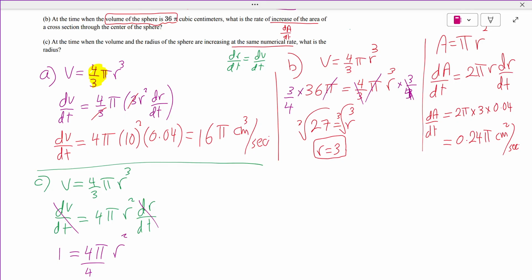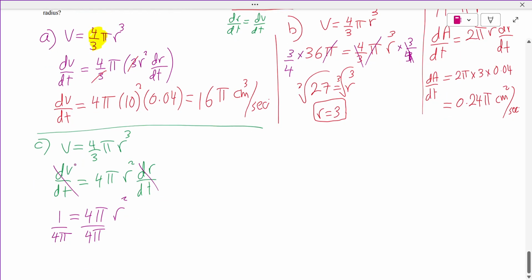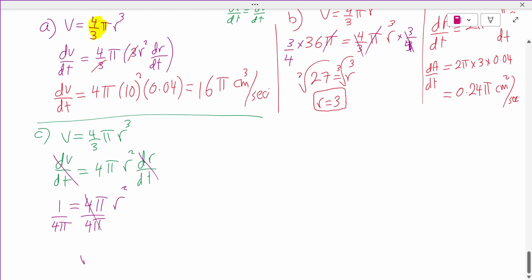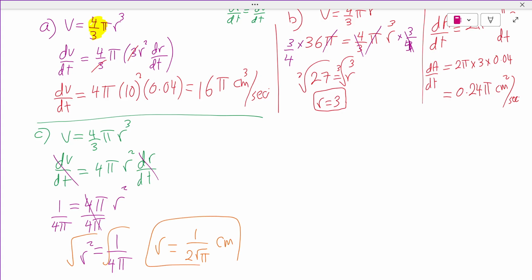Divide by 4 pi. So r squared equals 1 over 4 pi. To find r, we can just take the square root of both sides. So r will equal positive 1 over 2 root of pi centimeters.